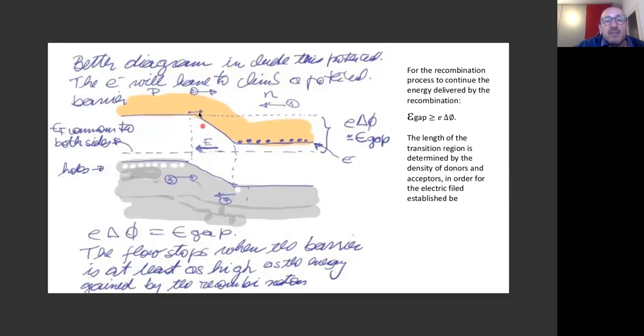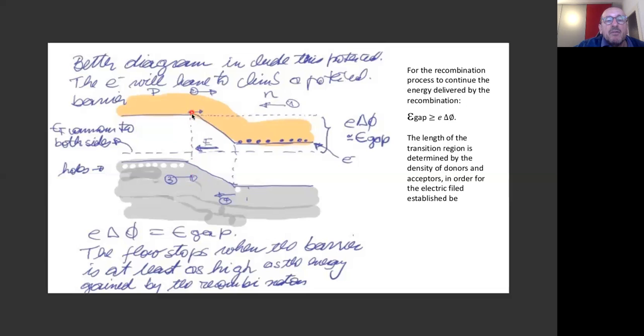Now, this current here is much smaller than this current here, okay? Why is that? Why is this current much lower here?